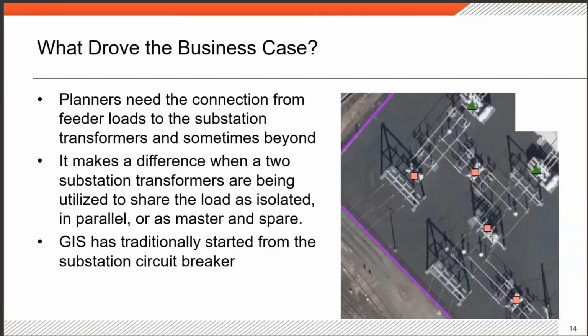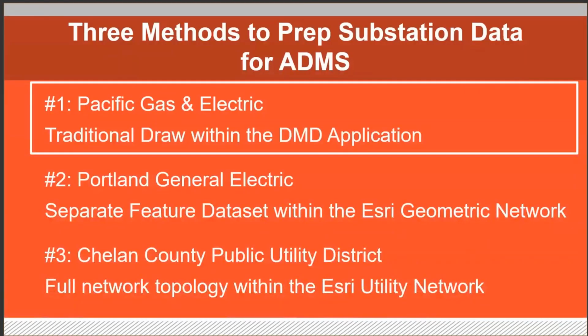Without a subnetwork controller in the substation bus bar, subnetwork controllers we'll get into later, which are in the utility network, all the feeders would just connect all together. So today we have methods to incorporate GIS into the complete electric model.